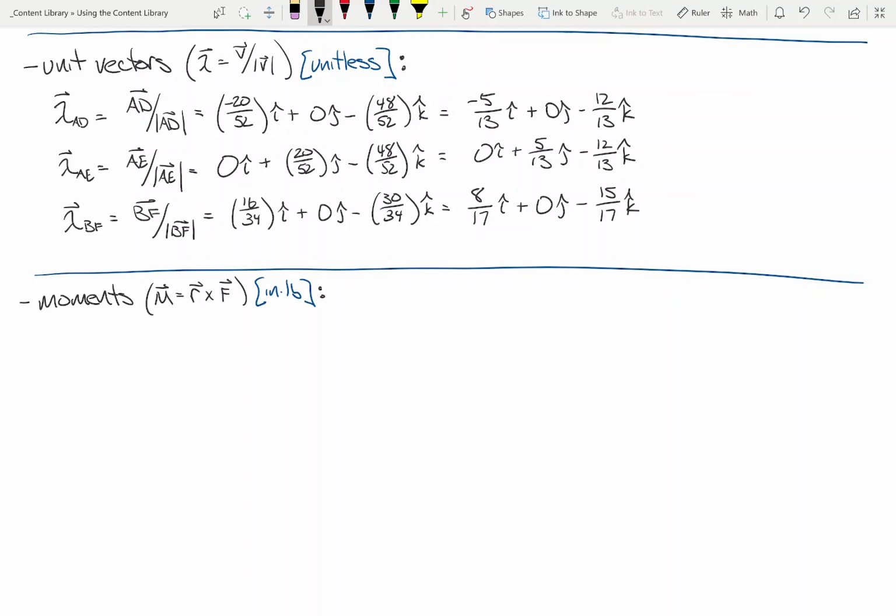All right, so let's just take them one at a time. So let's go with our first one, which we said our moment AD is going to be R1 crossed with T AD, which is going to be, we're going to factor the magnitude out.